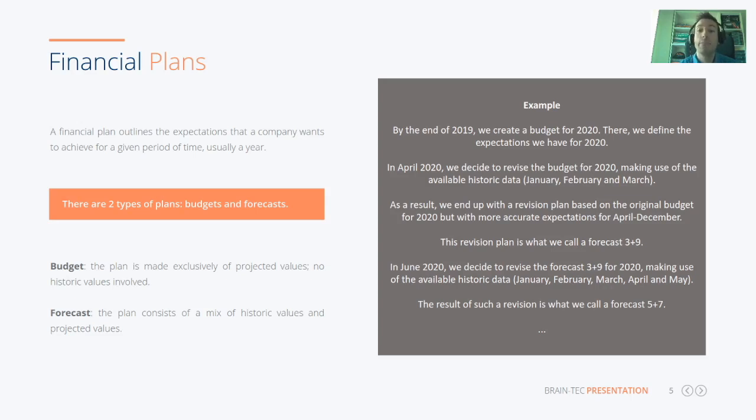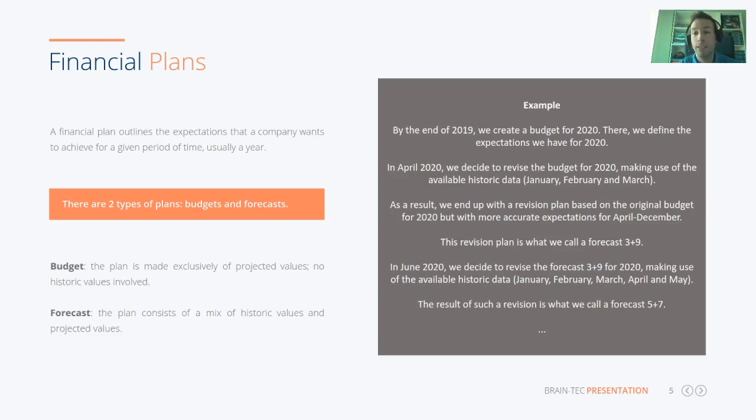Second change, the periods April, May, June, etc. still contain expected amounts, but thanks to the historic data, such amounts should have been adjusted in order to be more accurate. This revision plan is what we call a forecast 3.9.